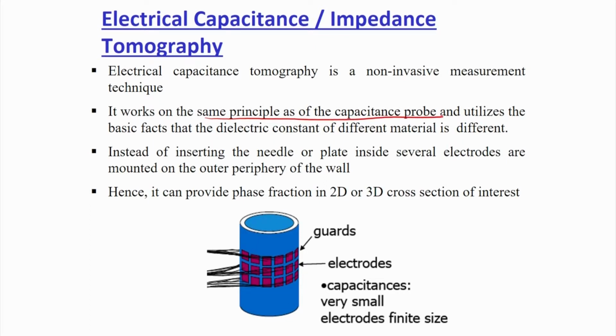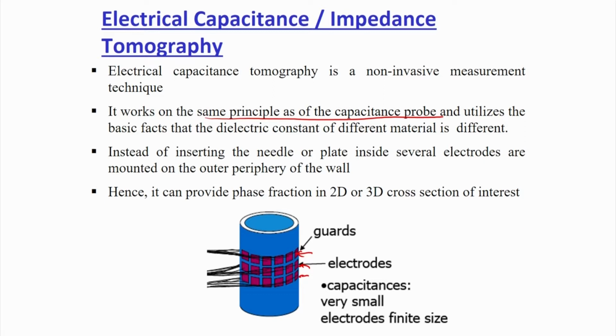The only thing is it is non-invasive; we are measuring from the outside. In the capacitance probe, we intrude the electrodes inside. Now we are putting the electrodes outside, instead of inserting a needle or plate inside, on the outer periphery of the reactor or process vessel.